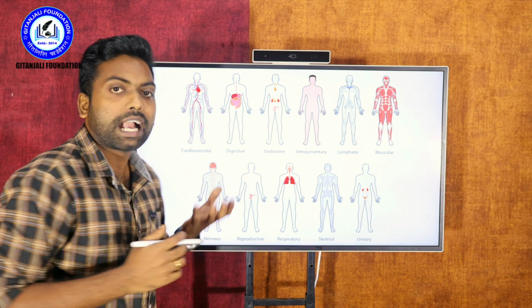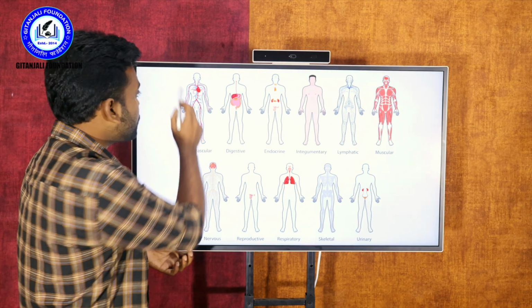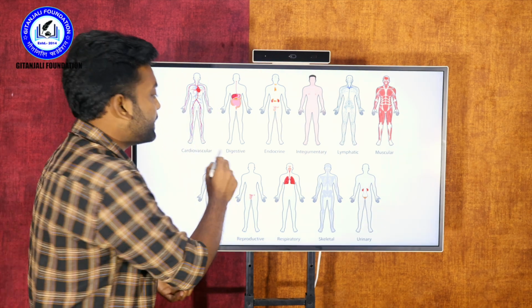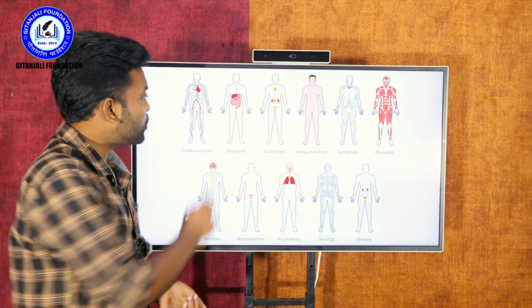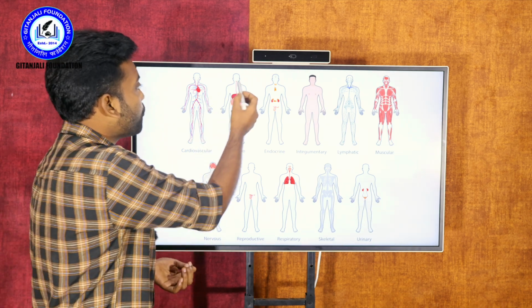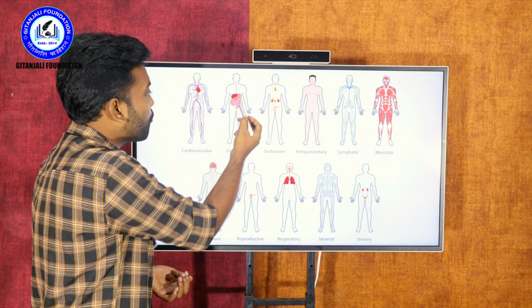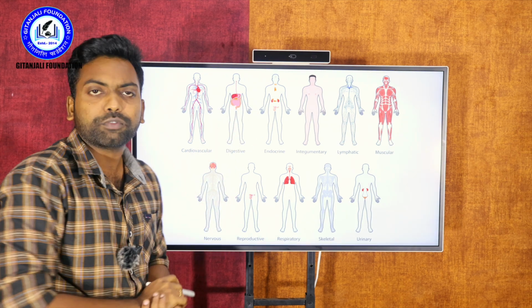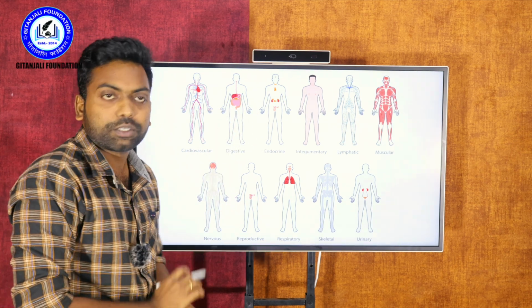That is called the cardiovascular system. As you can see in the picture, the first is the cardiovascular system and the second is the digestive system, formed with the oral cavity, esophagus, pancreas, liver and stomach. This build-up is called the digestive system.